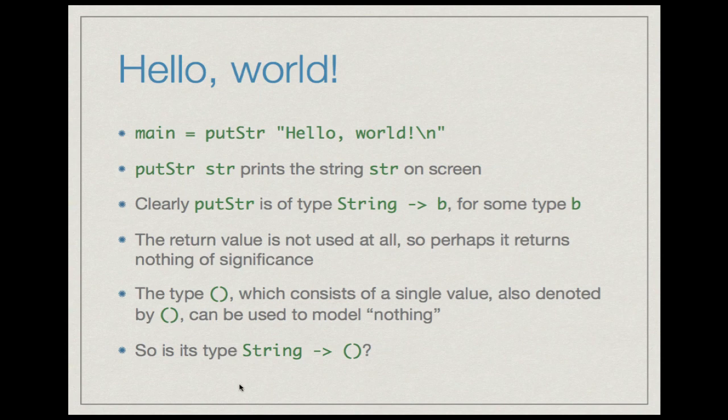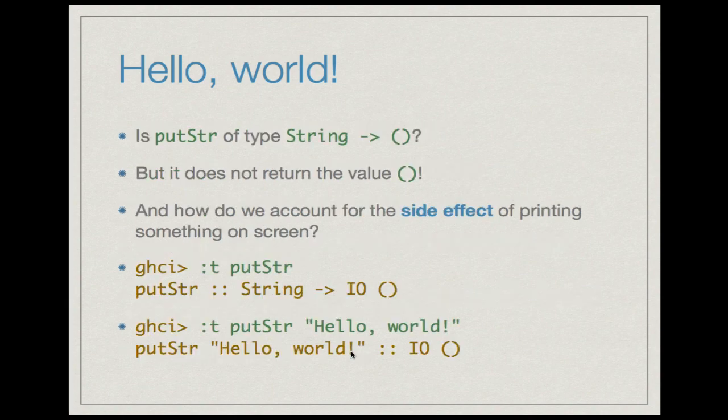So the question is: is the type of putStr String arrow unit? But we notice that putStr is not an expression that returns a value. And moreover, it has a side effect, which is that of printing something on screen. So how do we account for the side effect?